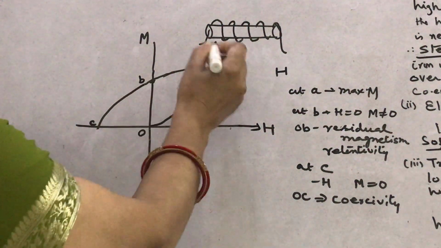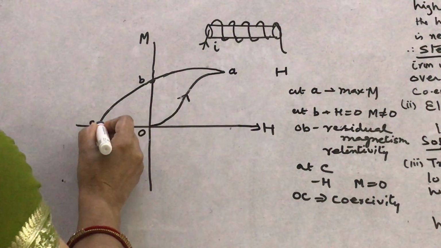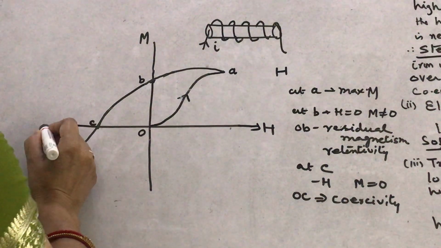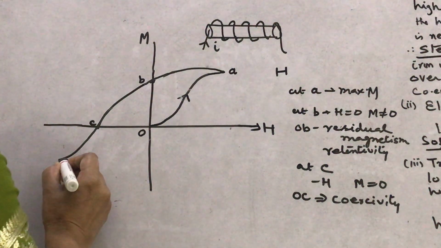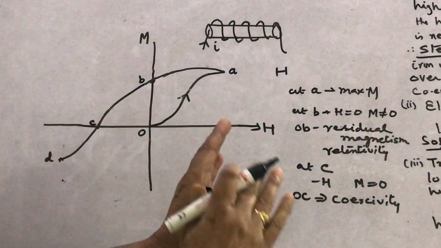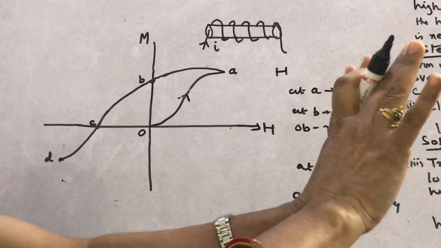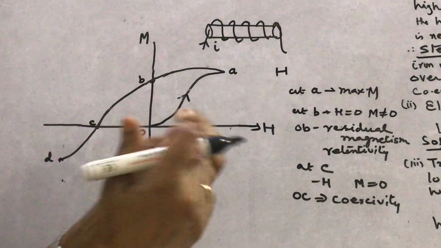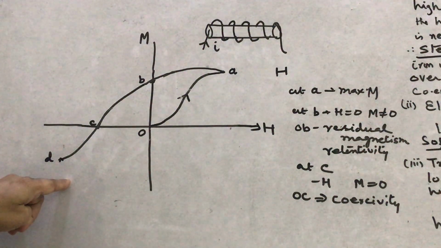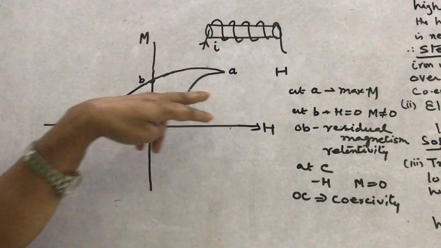What happens? Again the current is increased. So, we find that after C, the increasing current makes the saturation of the substance in the opposite direction. Suppose at this point D, now all the domains which were magnetized at the point A in this direction, that is in the positive direction of magnetic intensity, now all have again their orientation in the opposite direction of the first case.